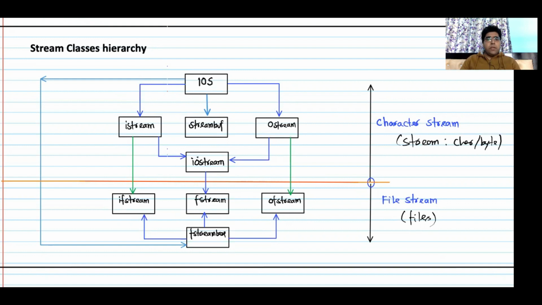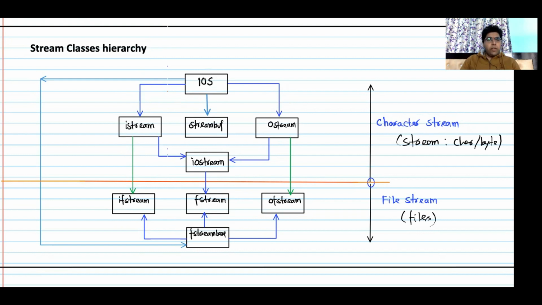But as you know, in multiple inheritance, if both of the superclasses have a common superclass, here the ios class, then there would be a diamond created. This diamond problem will not be there because the ios base class is a virtual base class. For that reason, only one copy of the ios class would be there in the iostream class.